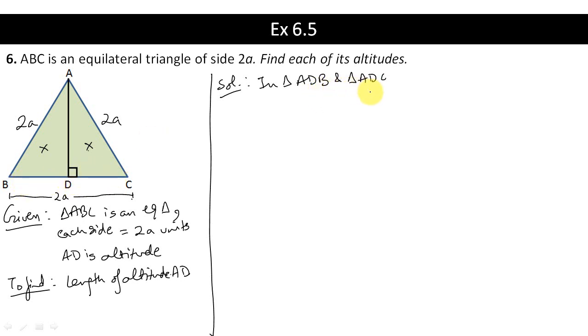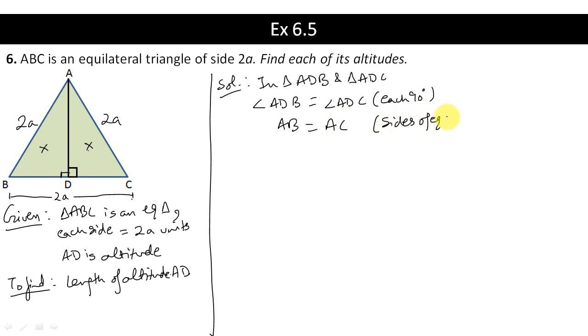So in triangle ADB and triangle ADC, angle ADB is equal to angle ADC, each 90 degrees. AB is equal to AC because the sides of an equilateral triangle are all equal to 2A. And side AD is common. AD is equal to AD.